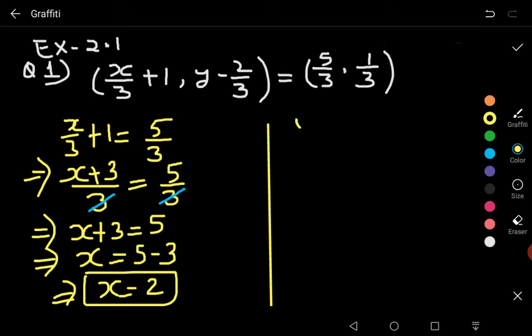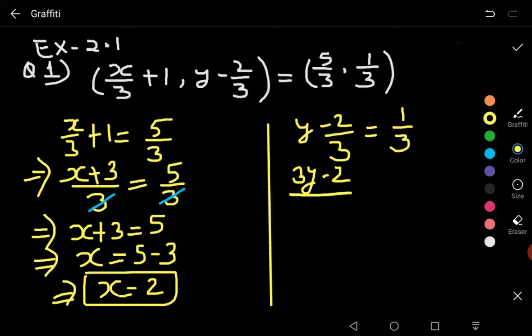Now come to the second, here, y minus 2 by 3 equal to 1 by 3. 3 will be multiplied by this y and we get 3y minus 2 by 3 is equal to 1 by 3.